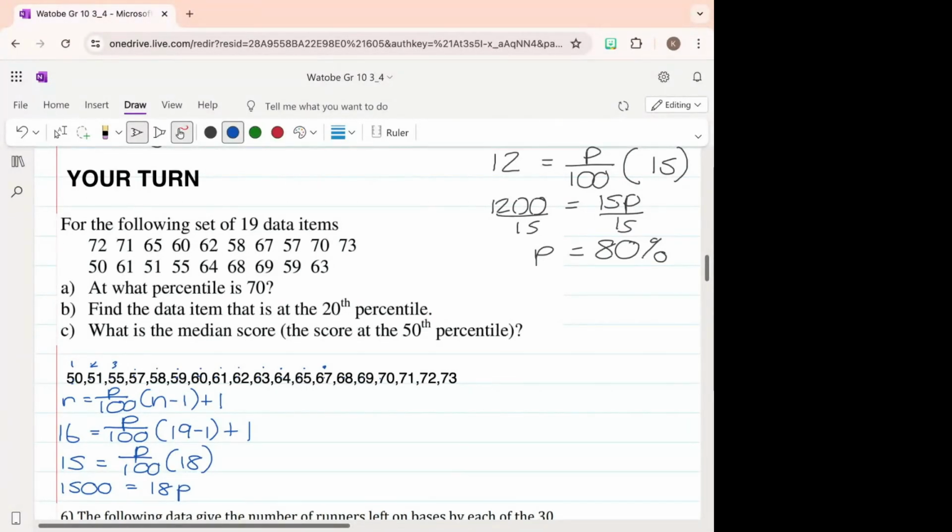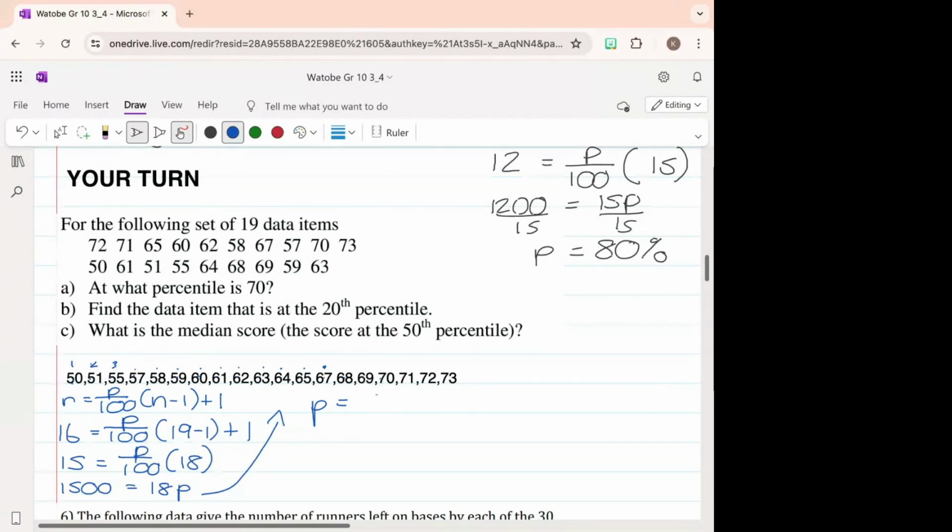So I'm going to have P is equal to 1,500 divided by 18. What is it? 83,33.